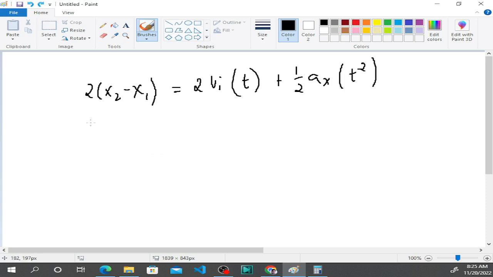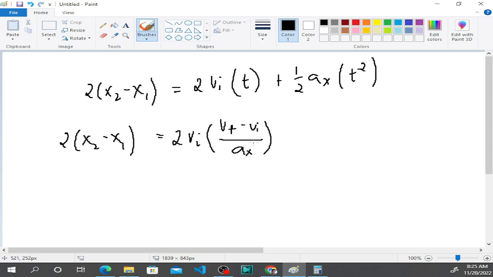Let's see what we have. Okay, so twice x sub 2 minus x sub 1 is equivalent to twice v sub i, or initial velocity, times the value of time, which is vf minus vi all over ax.